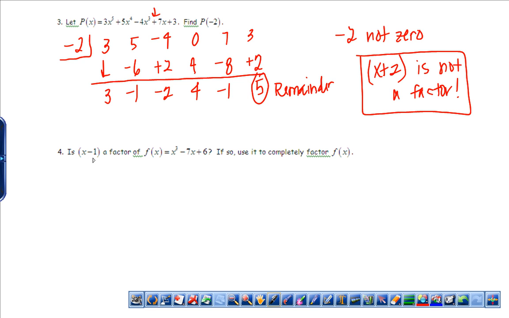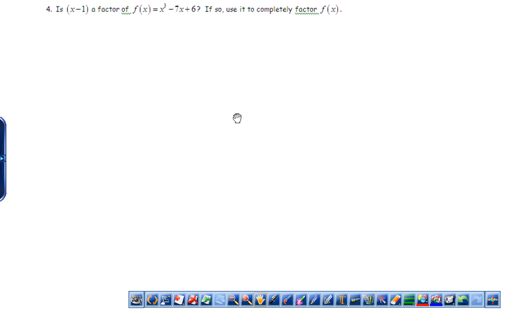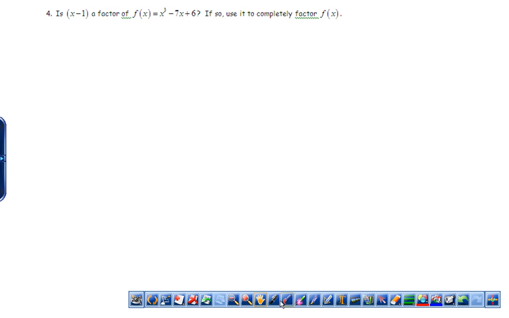Okay, let's look at this one. It says if x minus 1 is a factor, that means if you plugged it in and got a 0, it would be a factor. If so, use it to completely factor. Okay, let's look at this one. This is our last one. Okay, so first of all, there's a couple ways you can do this. You can use synthetic division, or you can just plug 1 in.